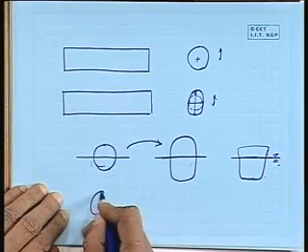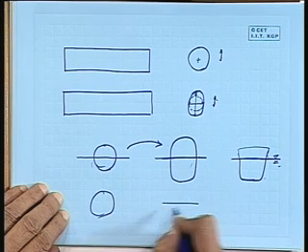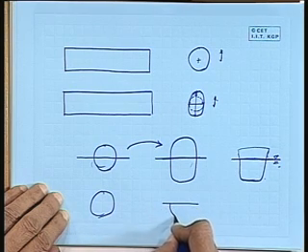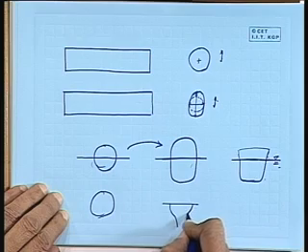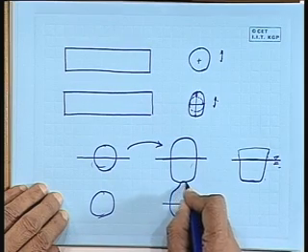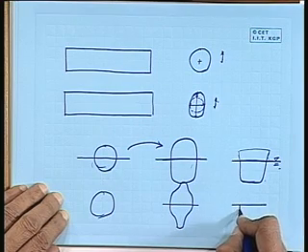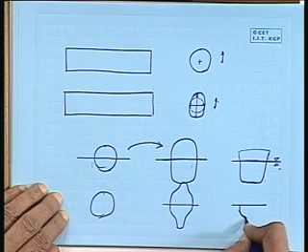Say you take a cylinder here and you try to generate a shape something like this. And this is the shape I say is the Stern shape.